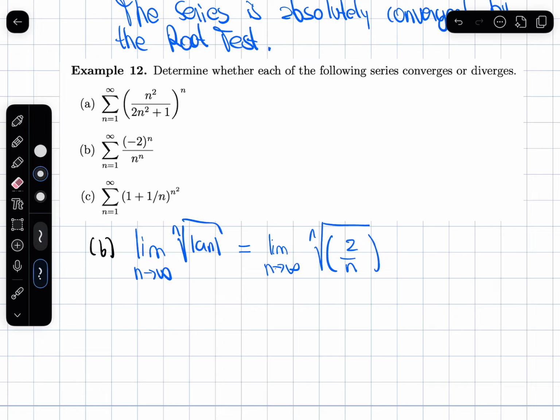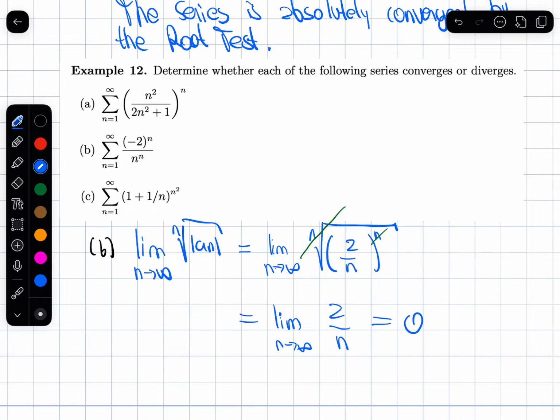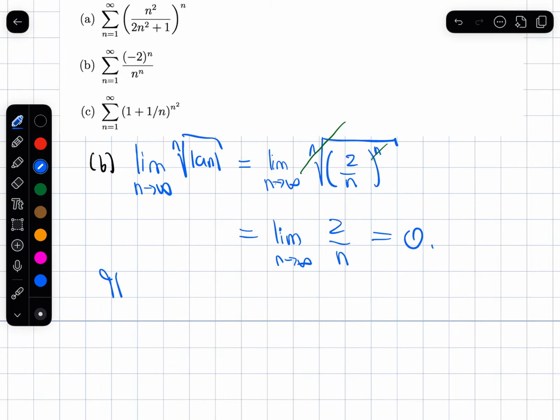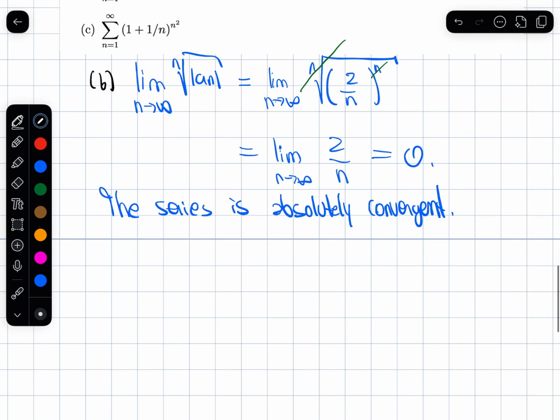Then taking the nth root of that again, the nth root and the power n cancel. This is the reason why I would choose to use the root test on these. Excuse me, I get those confused at times, so I may be saying the wrong words now and then. And that is clearly 0. So again, this series is absolutely convergent.